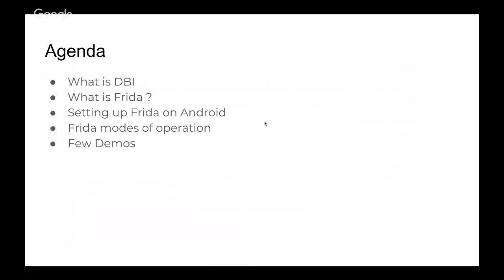We will be just basically touching on the Frida modes of operation, like what exactly they are, and we'll be deep diving only into one of them, which is the injected mode. Going through the slides, we have managed to compile a set of demos, and hopefully those demos work, and hopefully those demos will be able to convey a good idea about what exactly we are trying to talk about, right?